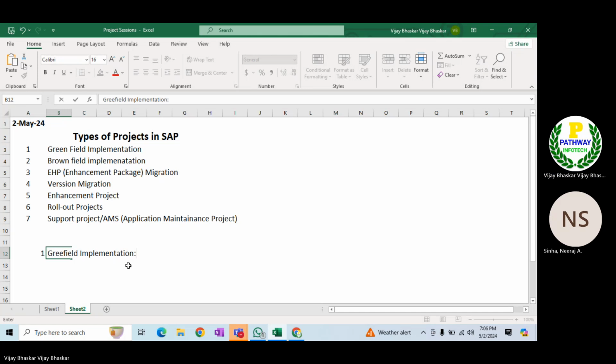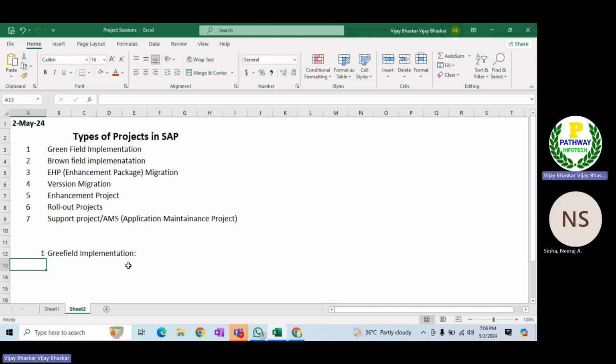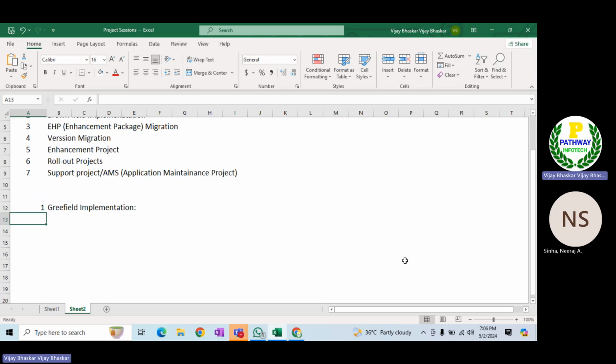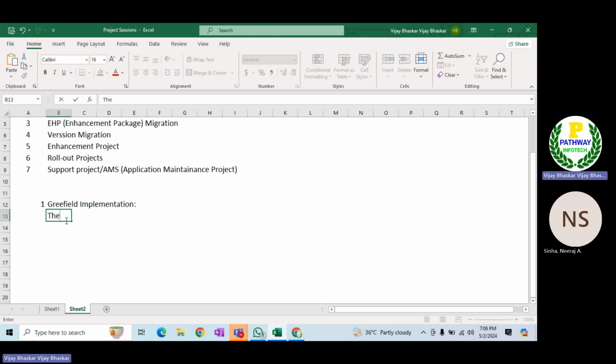Any idea? Yes, sir. From starting, from scratch. Like earlier the business was using Oracle, now they want to use ECC or S4HANA. Exactly. So in a greenfield implementation, as you said, the client is using a system other than SAP, straightforward.